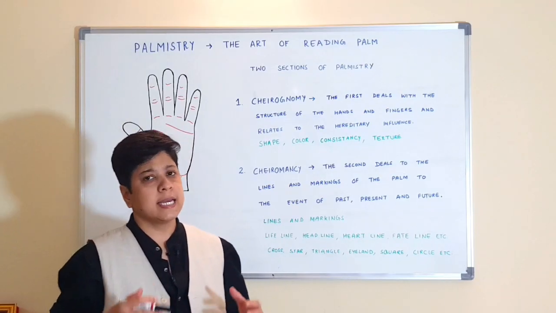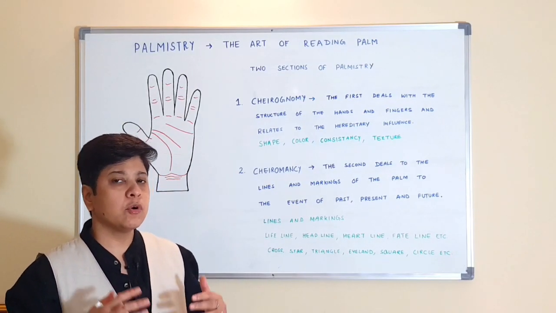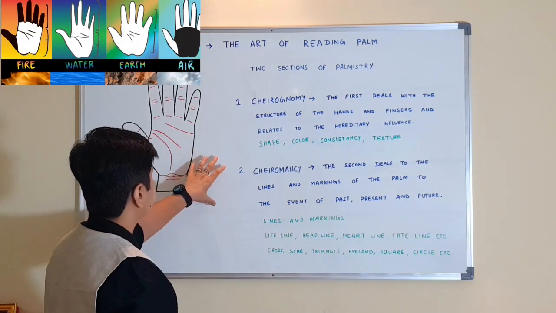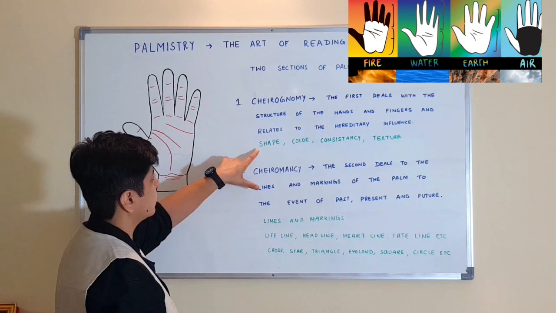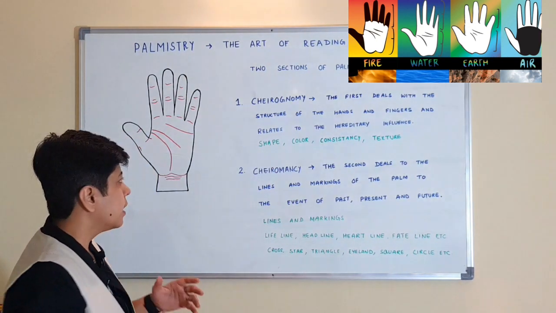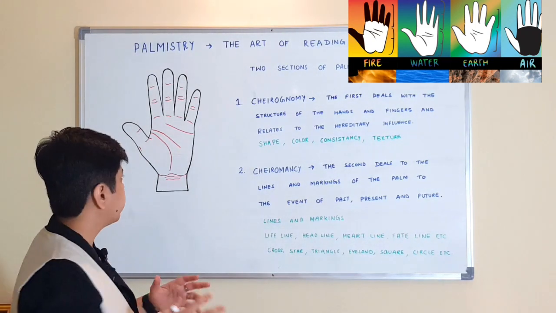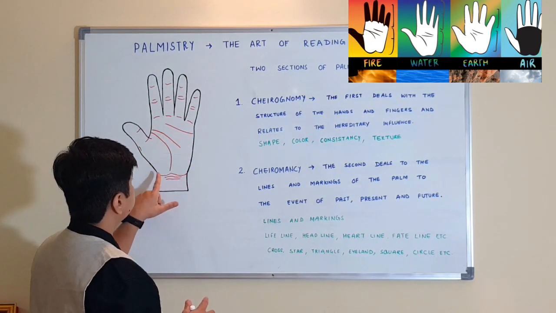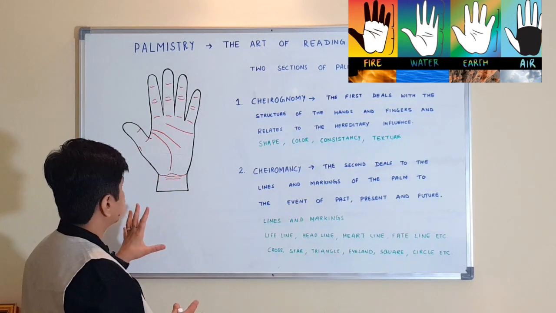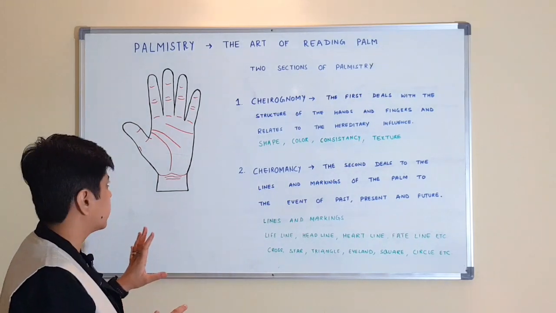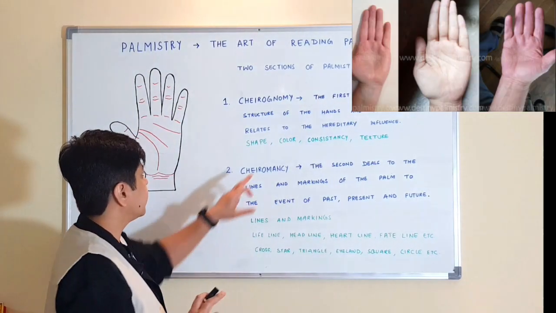So guys, as I said, first we have to observe the first part of the hand. We have to consider the shape of the hand, the color of the hand, the consistency of the hand and the texture of the hand. What comes in the shape of the hand? Basically, we have to see if the palm is square or rectangle, and if the fingers are long or short. Then you have to observe the color of the hand.